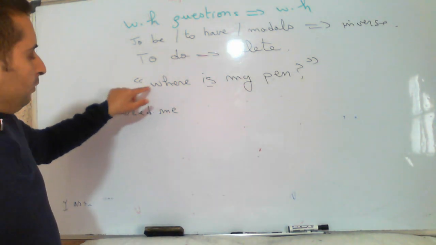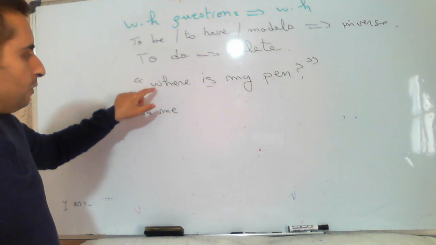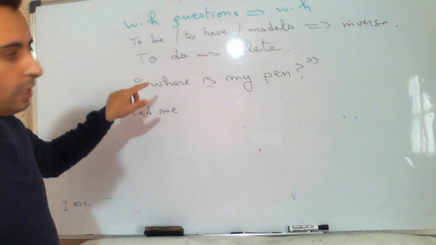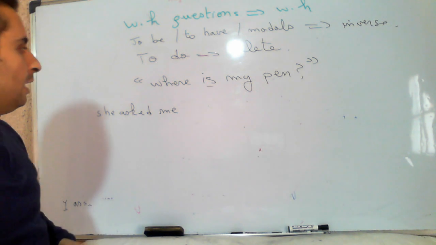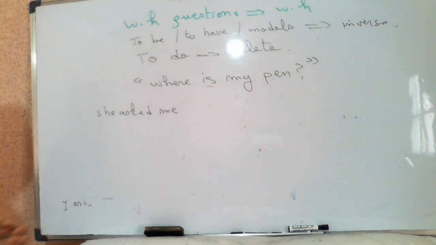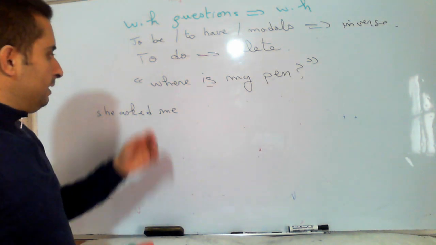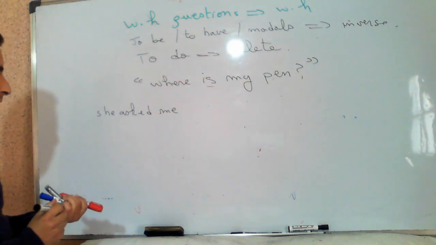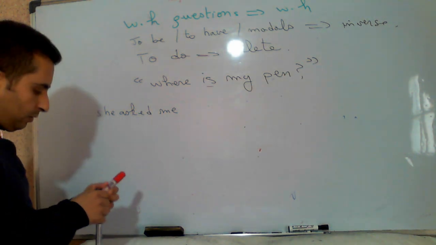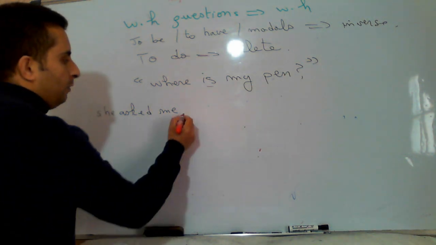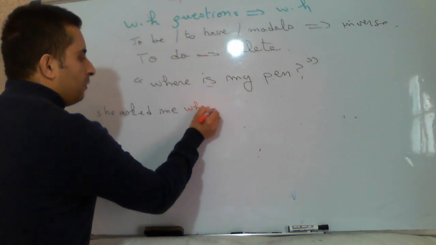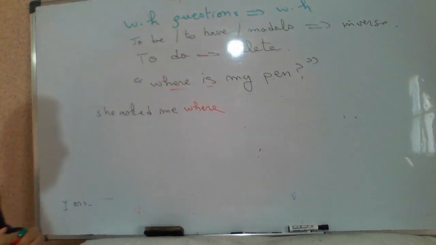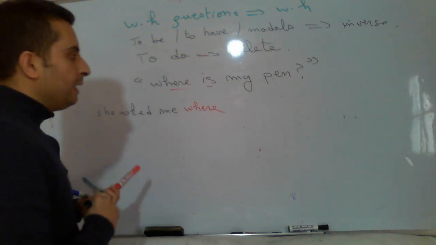So all the words that start with WH for the questions, and also how many, how far, how old. It is also a WH question. She asks me. We don't use if. We use just the WH word, which is where. And we have verb to be.